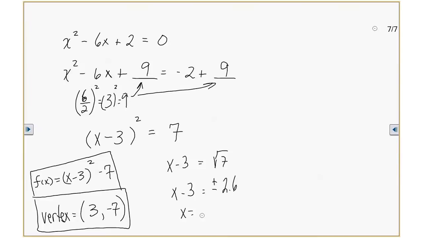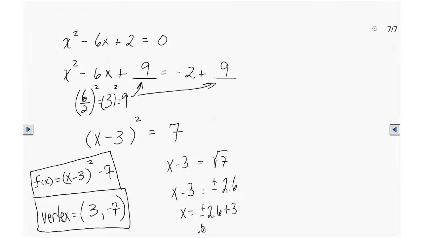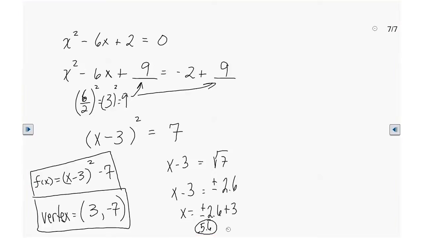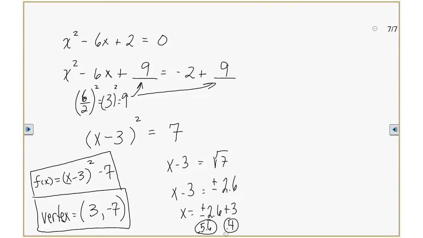Yeah. Plus or minus 2.6 plus 3. Now, what's 2.3 plus 6? 5.6. And negative 2.6 plus 3 is 0.4. No coughing in class. Okay, so here is our 1, 2.